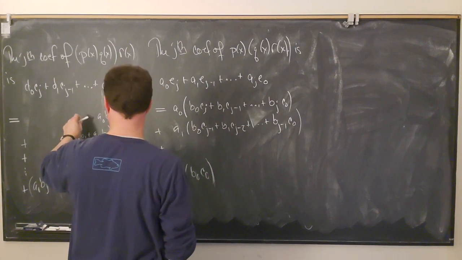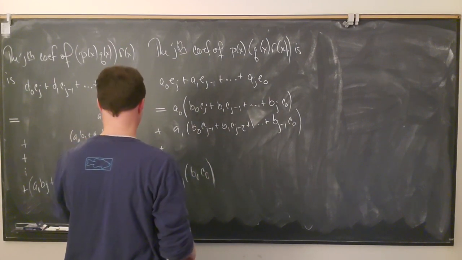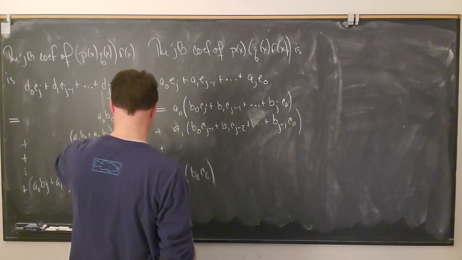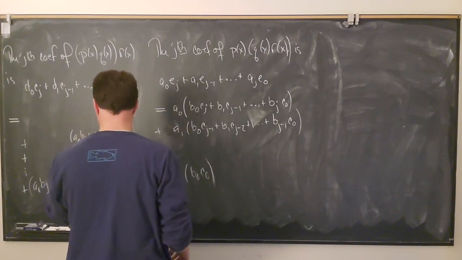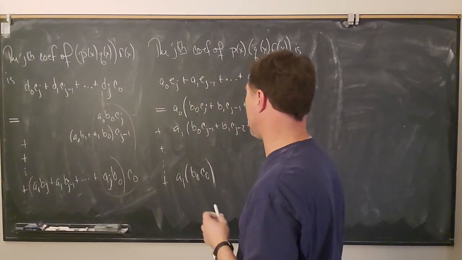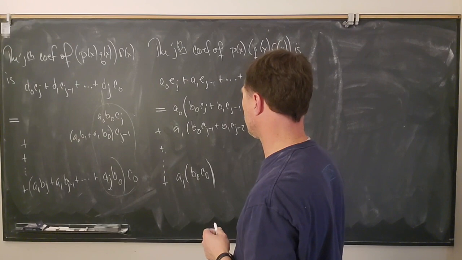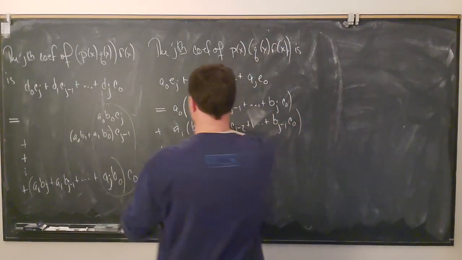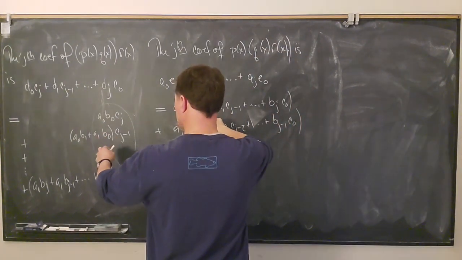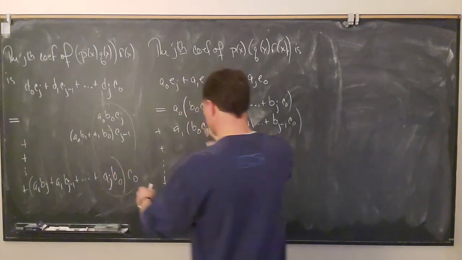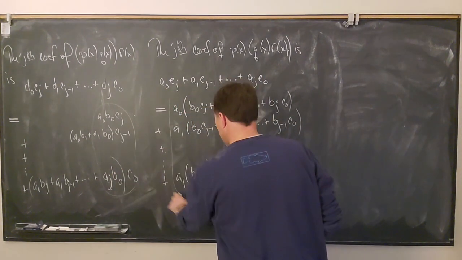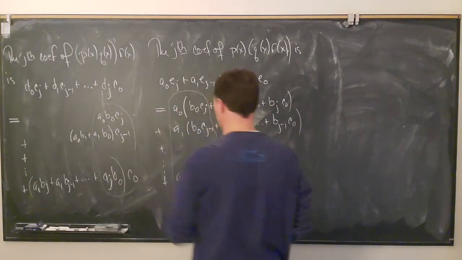So this one right there. Okay, so that piece right there, for example, is, let's see if I got that right: A0, B0, A1, B0, C_{j-1}. Yeah, all the way down. That's right. So that one right there matches that one.